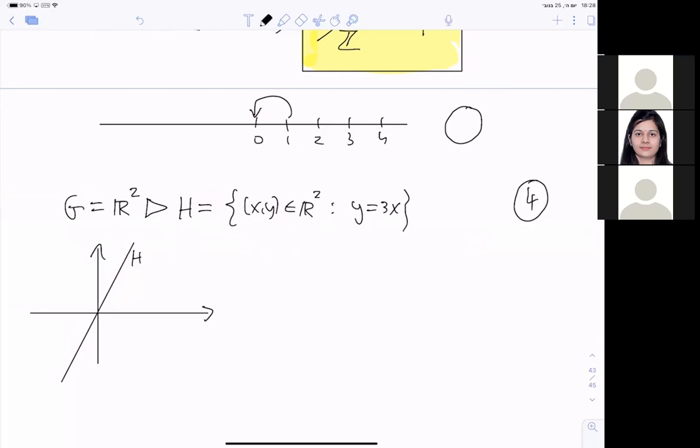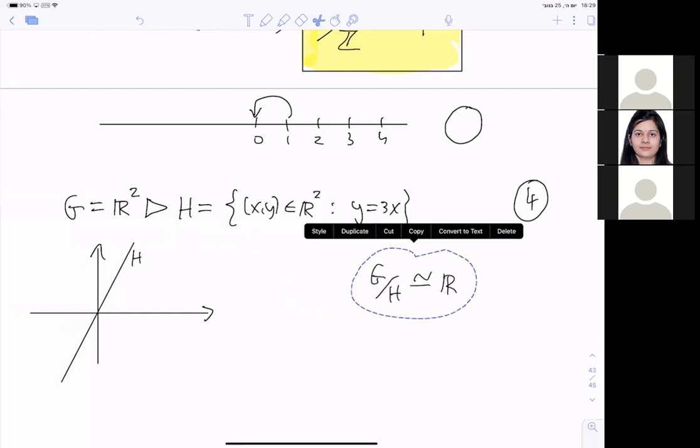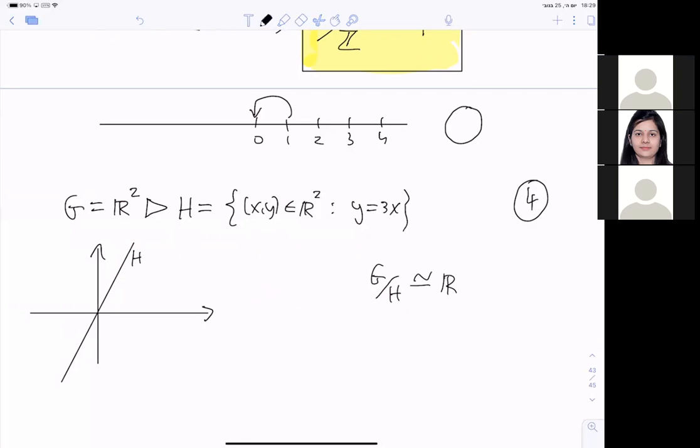Now I want to show that G modulo H is isomorphic to what? To R. Because G is two-dimensional and H is one-dimensional, so this is isomorphic to R. How do I show that? How do we show that there exists such an isomorphism?